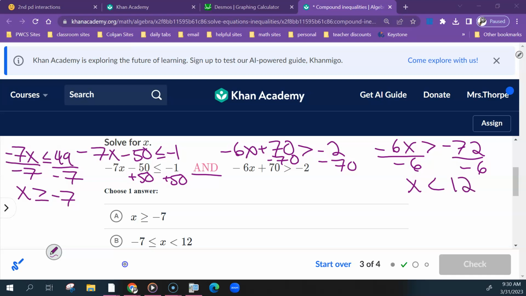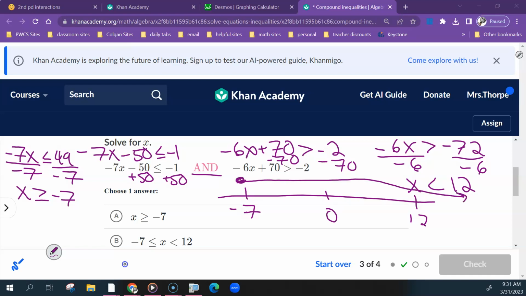So it has to overlap where x is between negative 7 and 12. So you could draw the number line. I'm going to skip a bunch of numbers. I'm not writing every single number between negative 7 and 12. So it would be greater than or equal to negative 7 going that way, right, and less than 12.